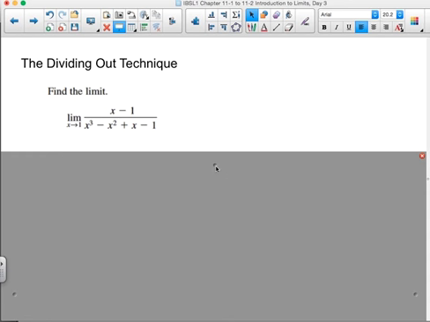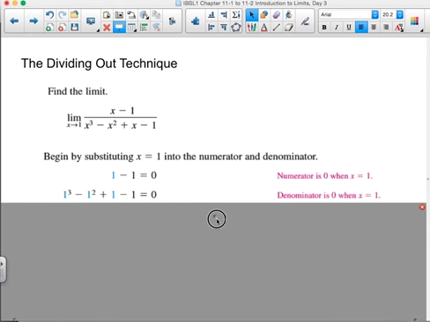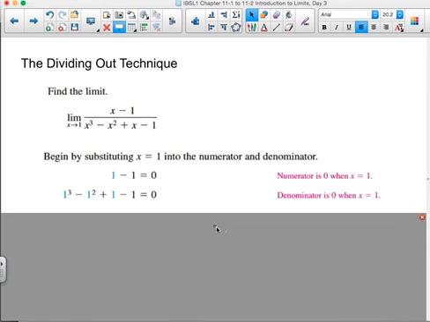Of course, the first thing you would try would be direct substitution, but you'll notice we get 0 in the numerator and 0 in the denominator. If we just got 0 in the numerator, that would be okay. We could just say that the limit equaled 0. But since we get it in the numerator and denominator, we need to try something else.